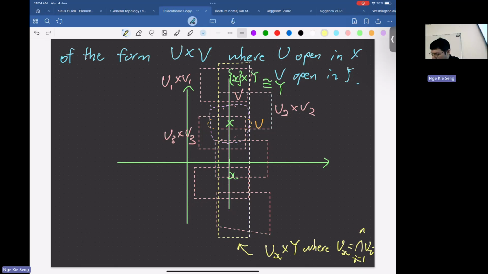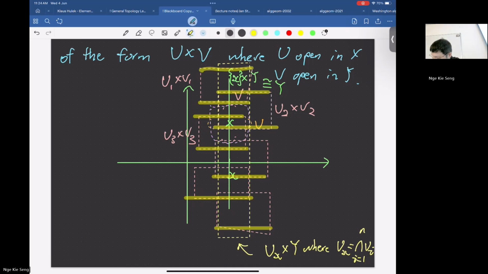Let me make it more apparent here. I just consider the intersection of the X components, here, here, here, here. But for the vertical part, I just take Y only. Make sense?